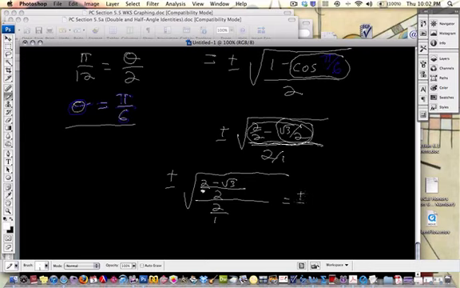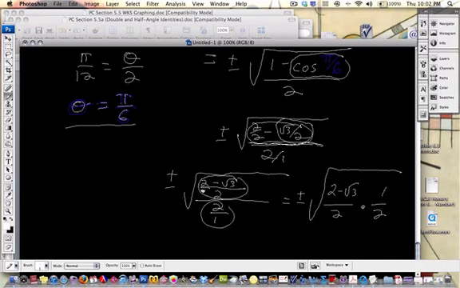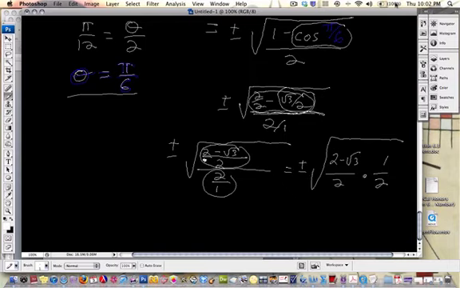Plus or minus square root. I'm going to take this fraction and divide by this fraction. So that's going to be 2 minus root 3 over 2, divided by 2 over 1, which is the same thing as times 1 over 2. When you multiply those fractions, you get plus or minus square root of 2 minus root 3 over 2 times 2, which is 4.